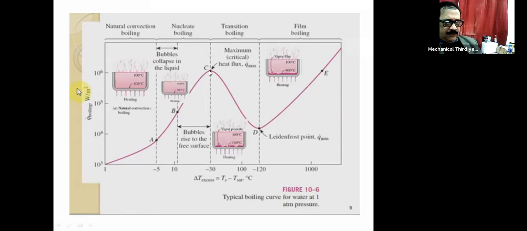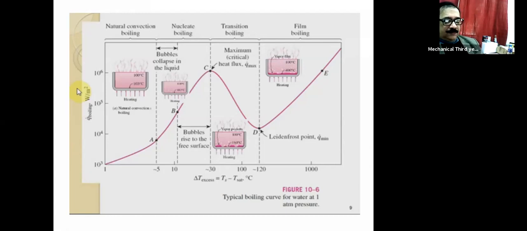We have divided it into two parts: one is the temperature difference from 5 to 10, and the other is from 10 to 30. Now you see what happens here. In this particular zone, as you can see here, the bubbles collapse in the liquid.